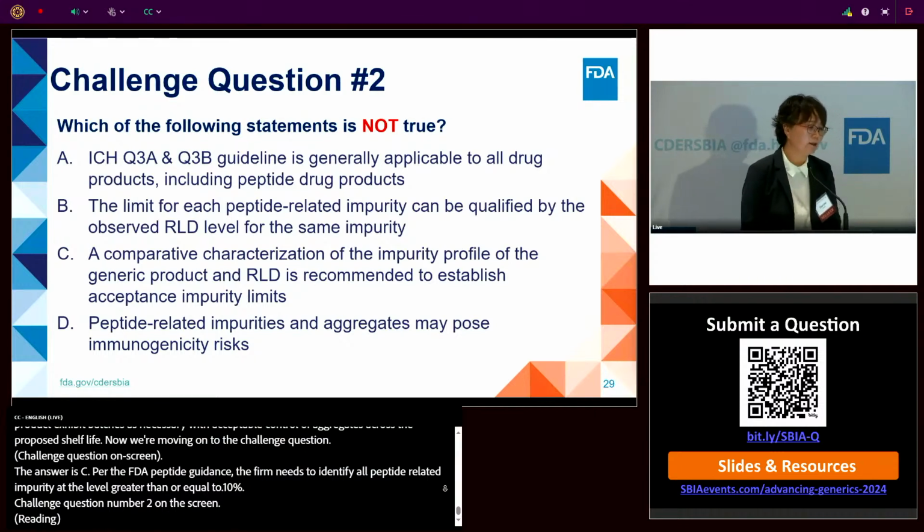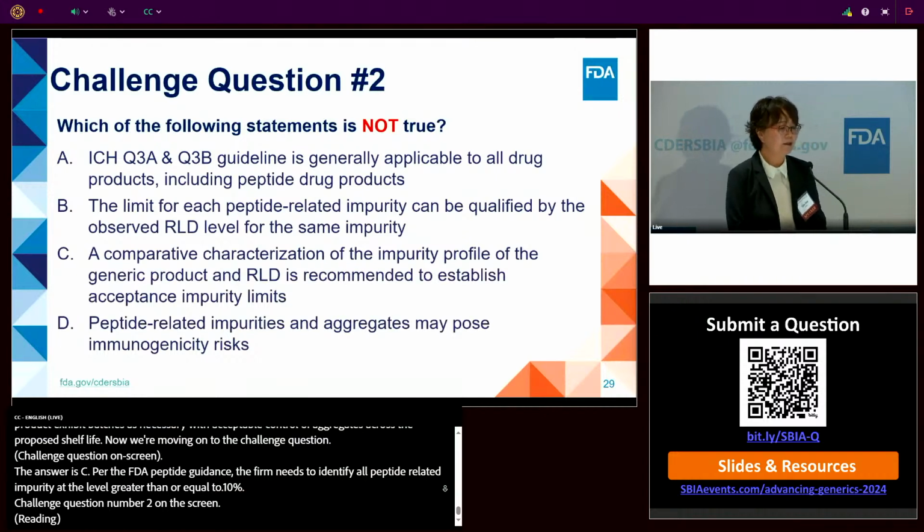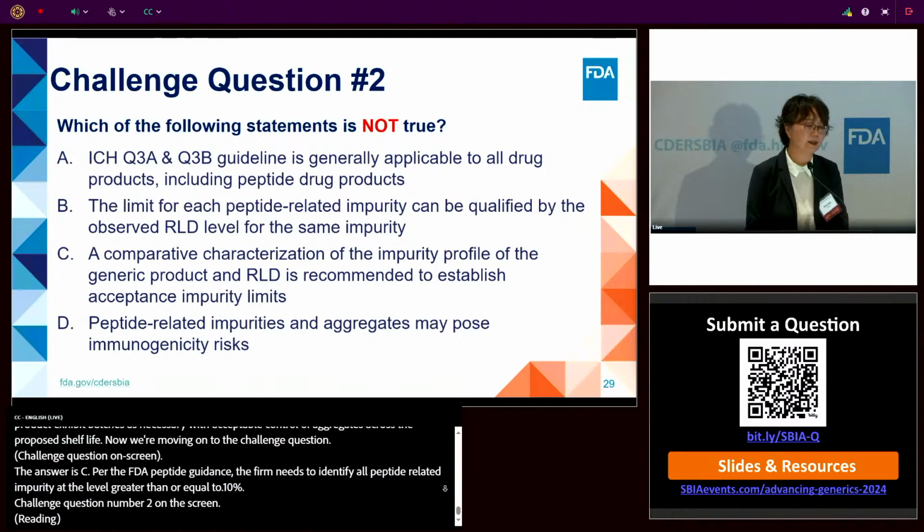C, a comparative characterization of the impurity profile of the generic product and RLD is recommended to establish acceptance impurity limits. D, peptide-related impurity and aggregates may pose immunogenicity risks.